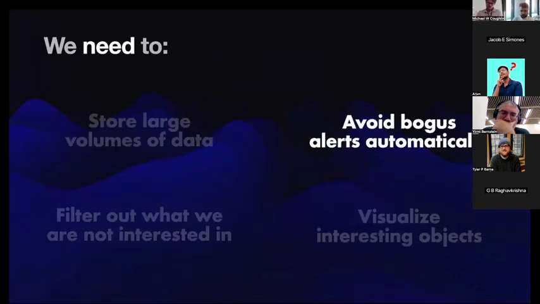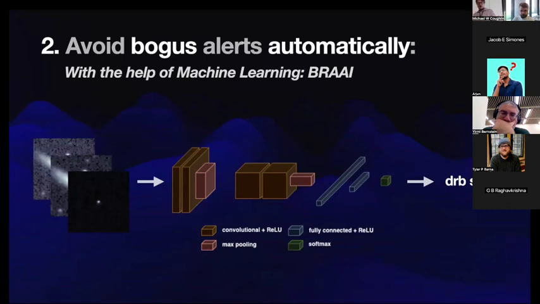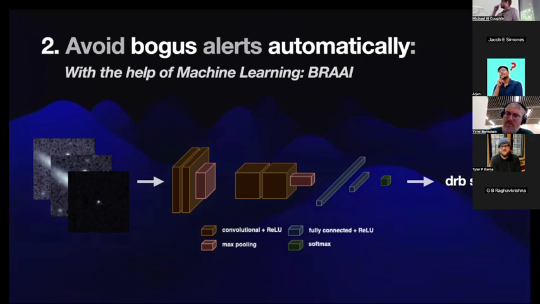Okay, so we also need to, of course, avoid bogus alerts. There's a variety of machine learning models out there. As I mentioned, we'll be playing around with more of them tomorrow. ZTF's got its own, we call it BRI, which produces what we call the deep real bogus score. There's a ton of solutions for this out there, right? I wouldn't say it's a solved problem, but it's a mostly solved problem.